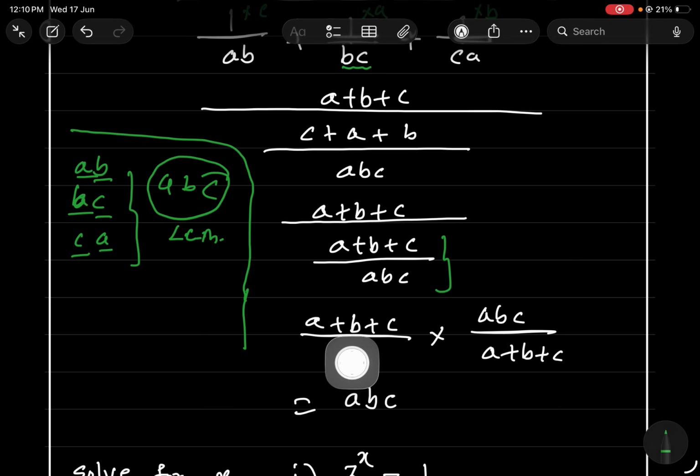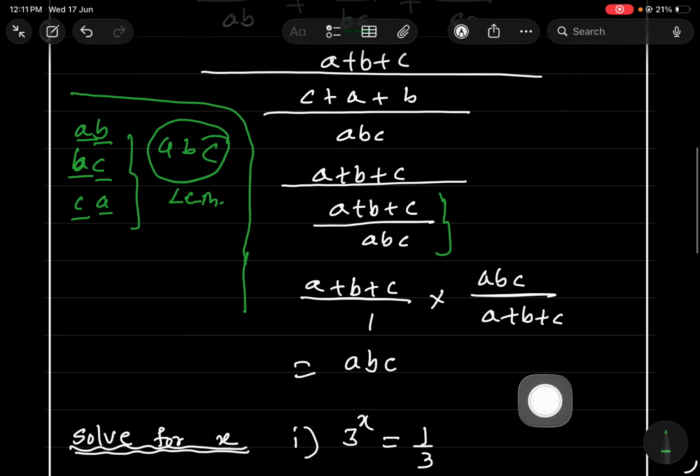So we'll write a + b + c upon 1. This I have shown here by this green colored bracket, that means this is one fraction, so we take the reciprocal of this. Upon means division, you know that division we write as multiply and reciprocal of this fraction. So abc upon a + b + c.